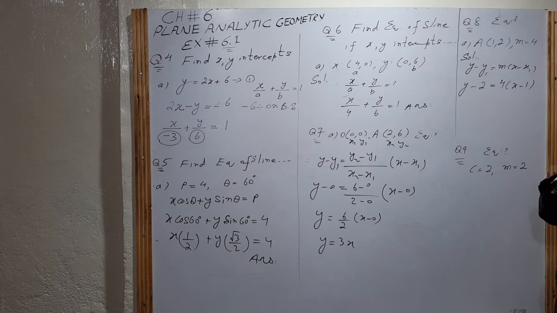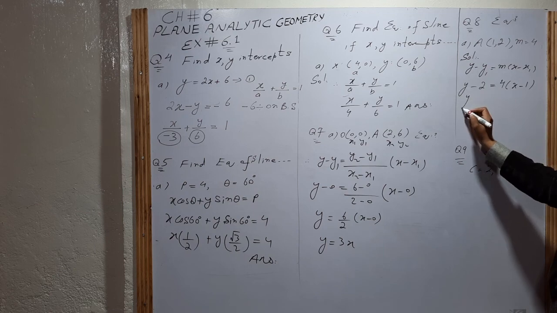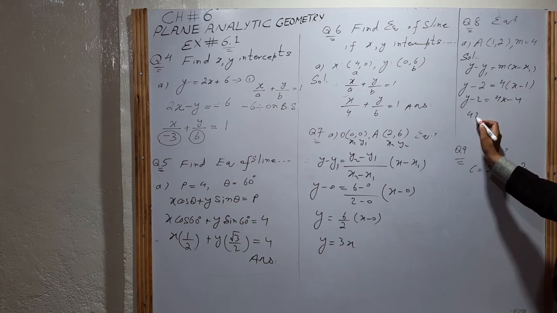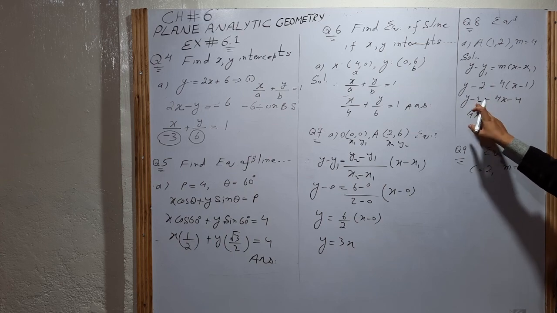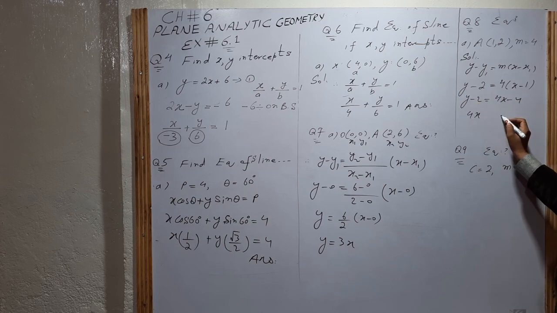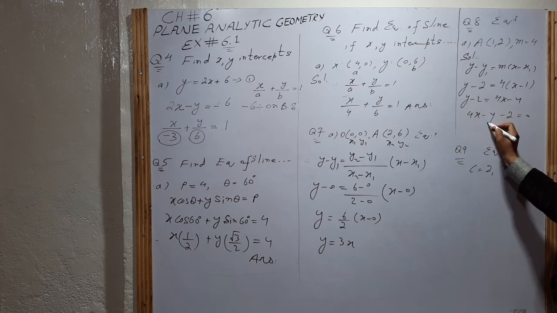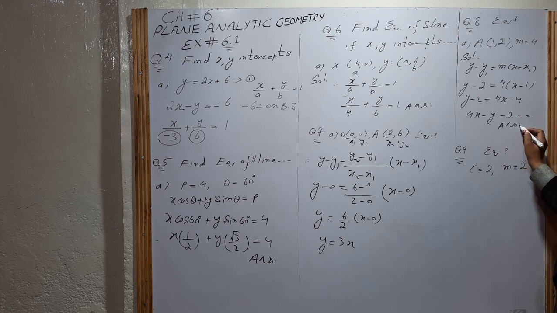After simplification we have y minus 2 is equal to 4x minus 4. Moving terms to one side, we get 4x minus y minus 2 equal to 0, and it is the equation of the straight line.